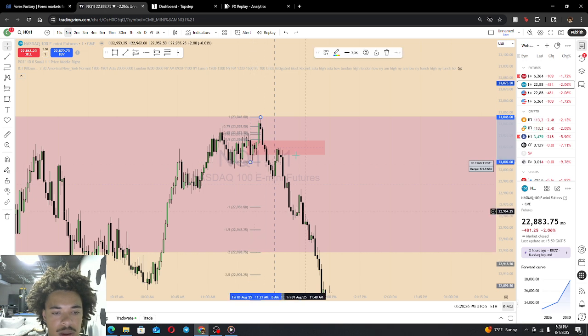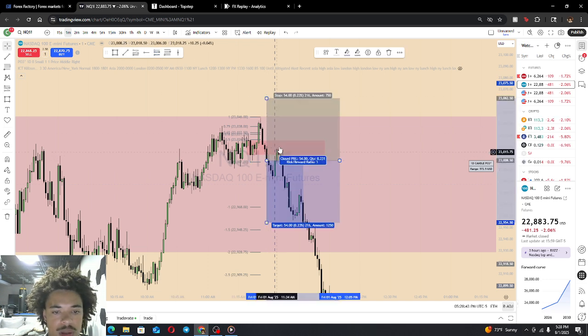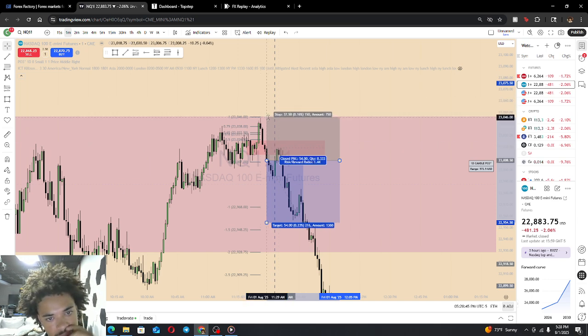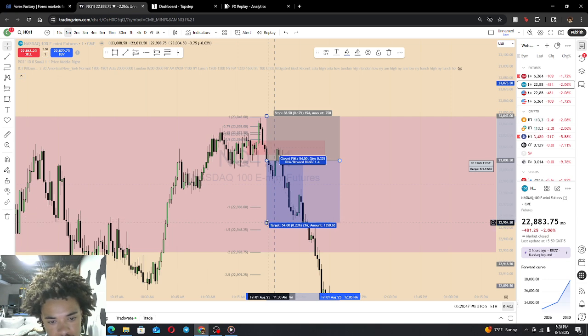So fib out -2, and my entry was a close below. I got in at the closure of that candle, stops right here, and then I just took it down.